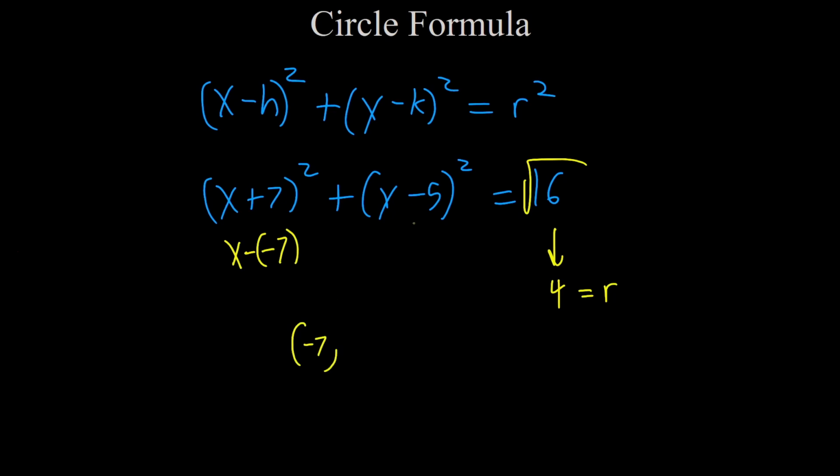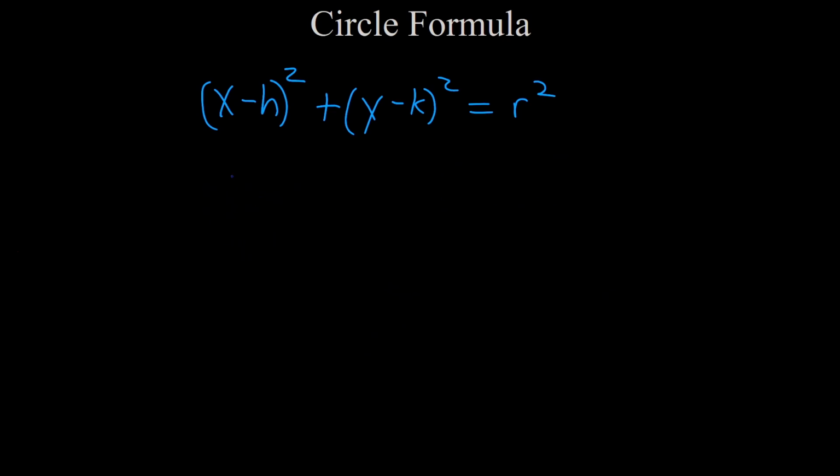On the y side, we have subtracting 5, which means that the y value will be a positive 5, because we subtract the amount that we have moved up or down. So the center of our circle is at (−7, 5), and we have a radius of 4.